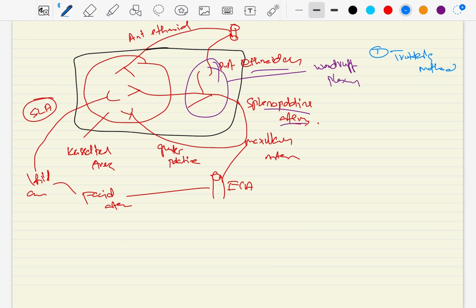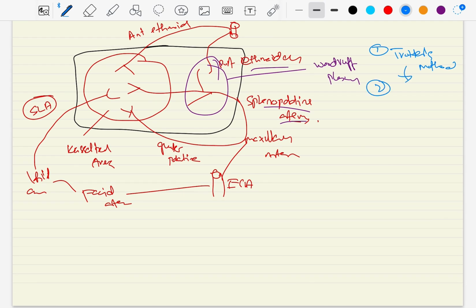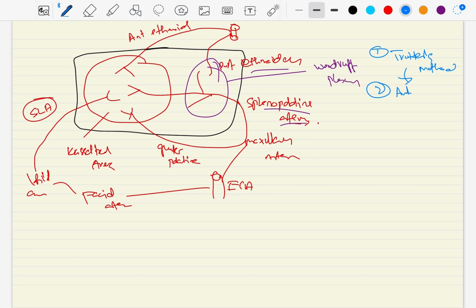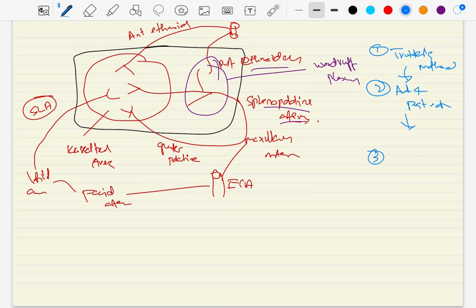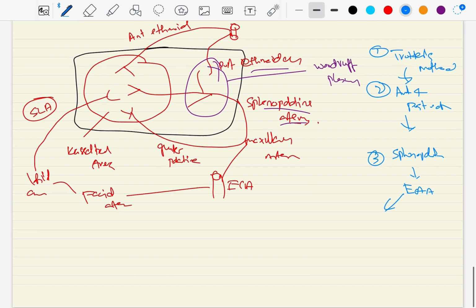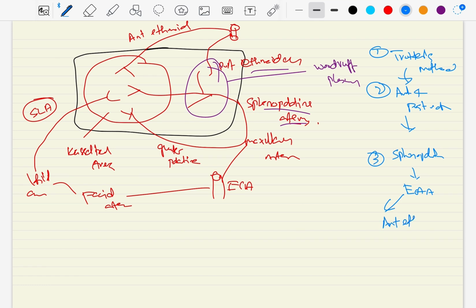If that is not working, you need anterior nasal packing and posterior nasal packing. If the bleeding still does not stop, you should go for embolization. First use the sphenopalatine artery, then go for the ECA. If not working, then lastly go for the anterior ethmoidal artery. Okay, that's for epistaxis.